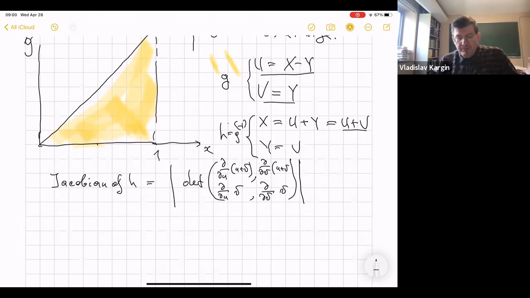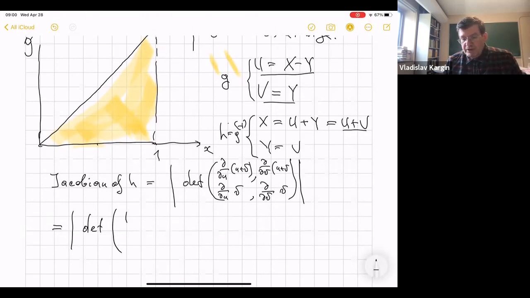So what is it? It's the absolute value of a determinant. Taking these derivatives, the derivative of u by u is 1, and the derivative of v by u is 0.